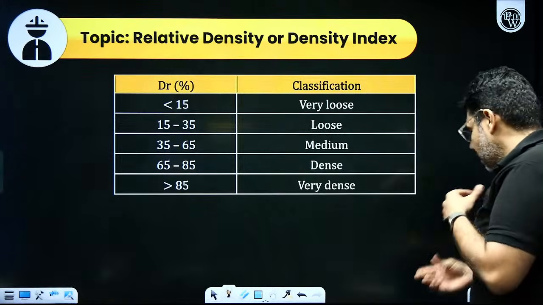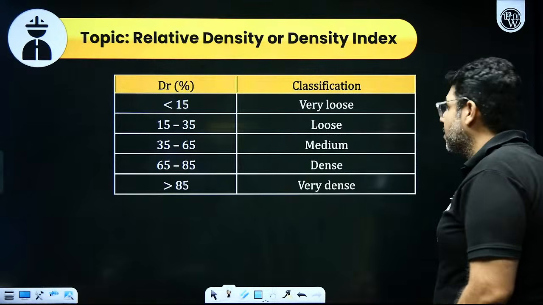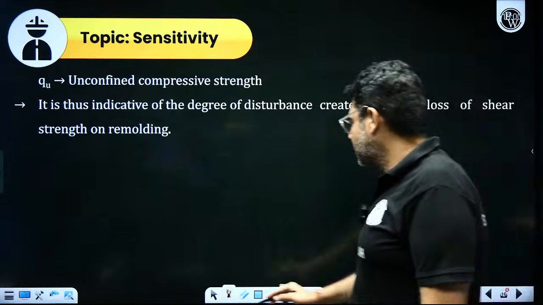Clear? Am I clear till here? Let us proceed. Now next is sensitivity of the soil.